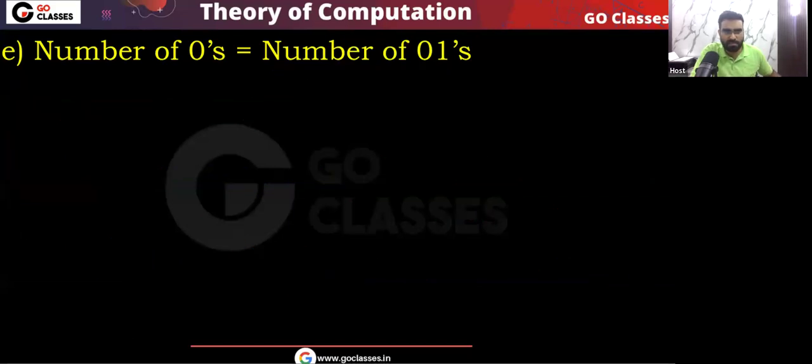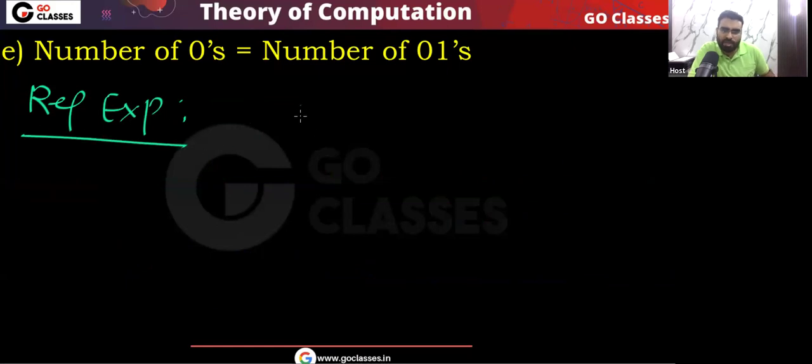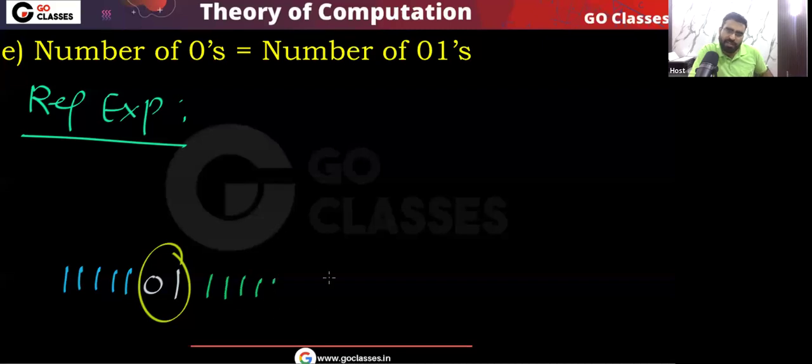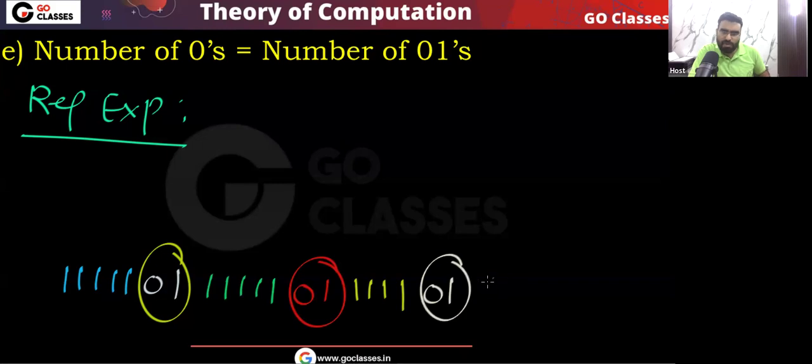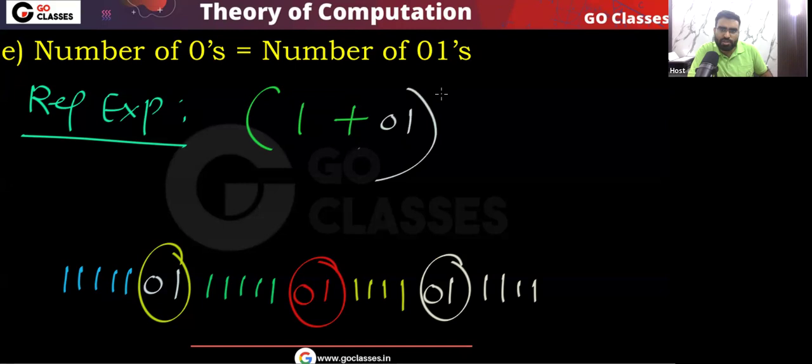So can you write the regular expression? 1 can repeat freely, any number of times. If 0 is coming, it will come as 01, and that can repeat any number of times. So finally the regular expression is: 1 can repeat freely, and 0 comes as (01), whole star. This is the regular expression.